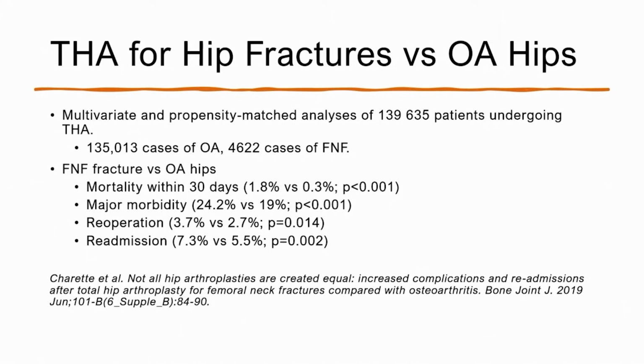Similarly, in this multivariate and propensity match analysis looking at 139,000 patients, when we compared femoral neck fractures with OA hips, mortality within 30 days was higher in patients with hip fractures, as were morbidity, the risk of reoperations, and the risk of readmissions.